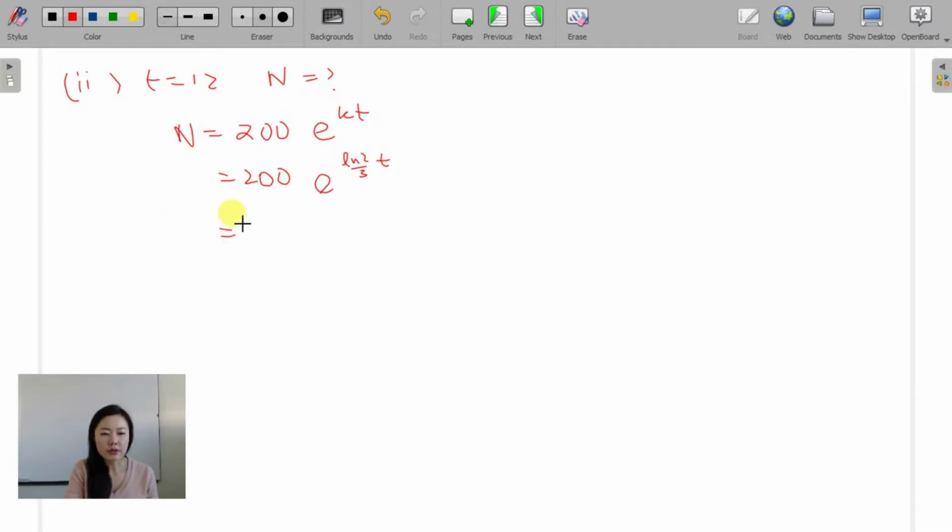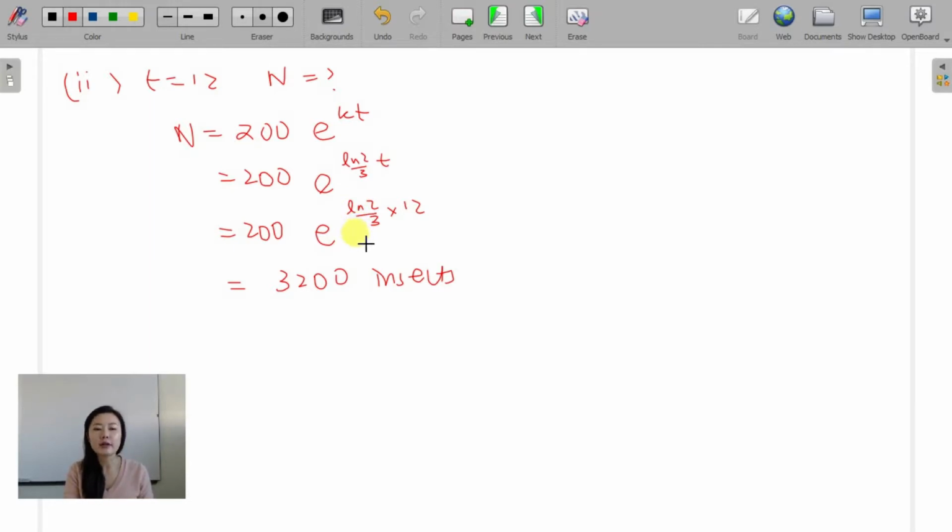Just sub in 12, put that straight into your calculator, and it comes out very nicely: 3,200 insects. I also recommend that you use the memory function to store the k value, so you don't have to put such a cumbersome expression into your indices.